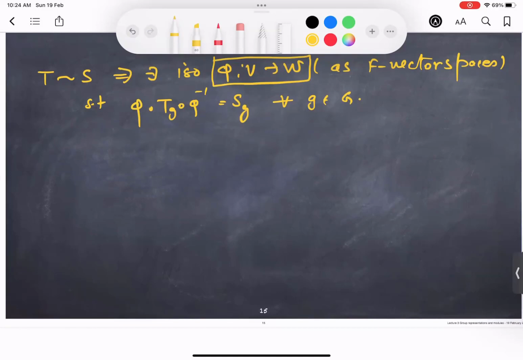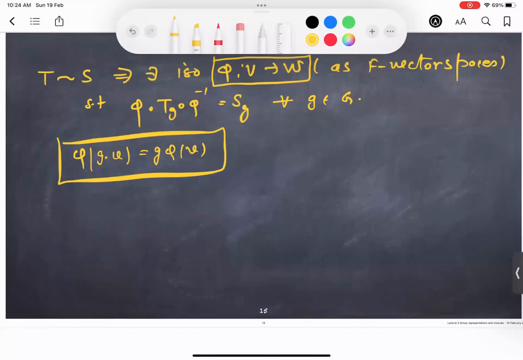So basically this map phi is also G linear. If I prove to you that this map phi is G linear, then this will become a G homomorphism, and it's already one-to-one and onto, and therefore this will become an isomorphism as FG modules, right? So what I want to prove is that this map phi is G linear.